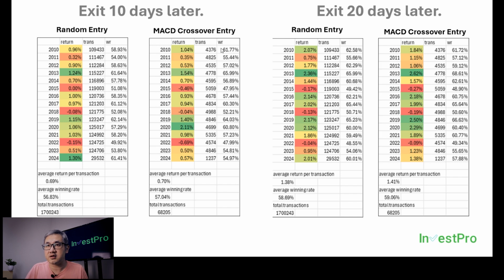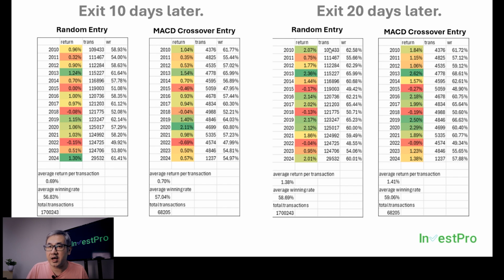This approach applies to the other tables as well. For example, for the exit 20 days later, the same thing applies for the random entry. We buy the stock on every single trading day, and then we exit 20 days later.